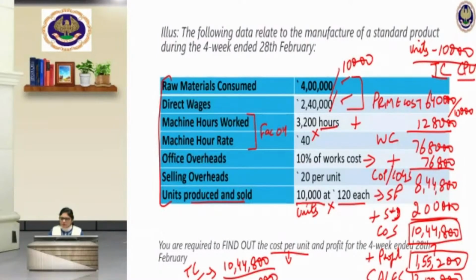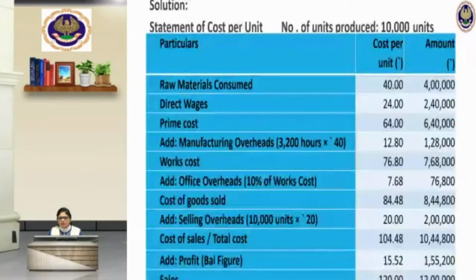Good. So I'm just showing you the statement of cost per unit. We have done material, then labor, and you have to calculate the cost per unit also. You have to divide everything by 10,000. For every element of cost, you have to calculate cost per unit along with the total cost.